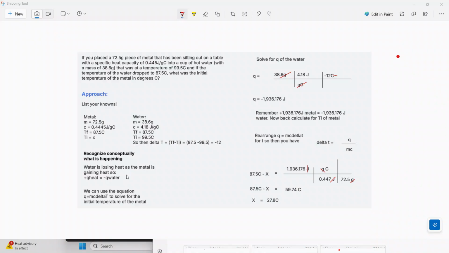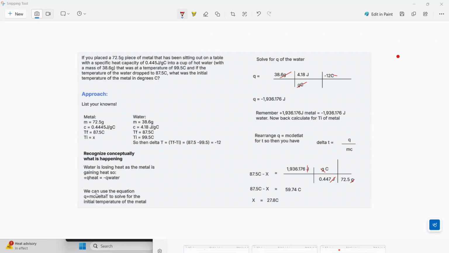But as we know in classic thermodynamics, energy is never destroyed or created, it's just transferred. So this means that the metal is gaining heat. So as the water is losing heat, the metal is gaining heat. So that is what is going on here. This will tell you, later on in this equation we're doing, why the joules are negative.